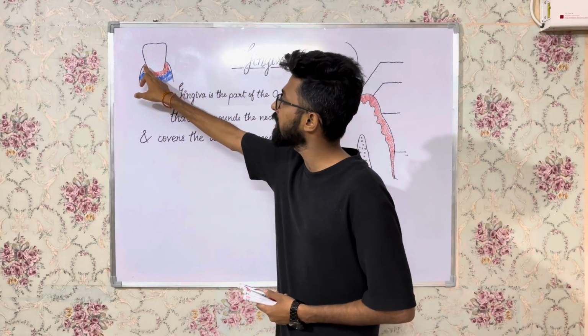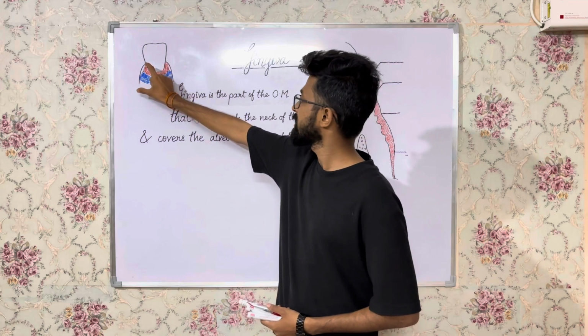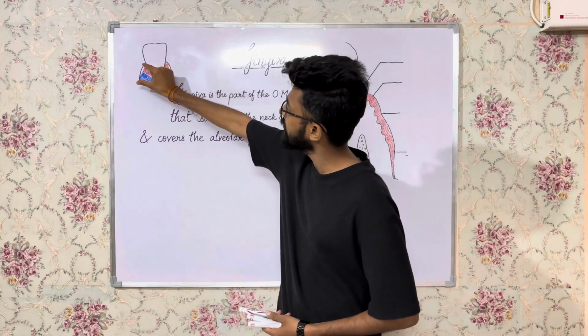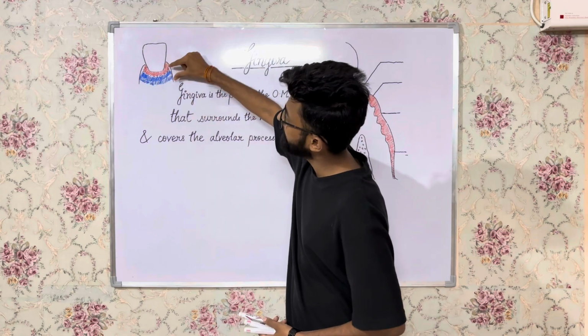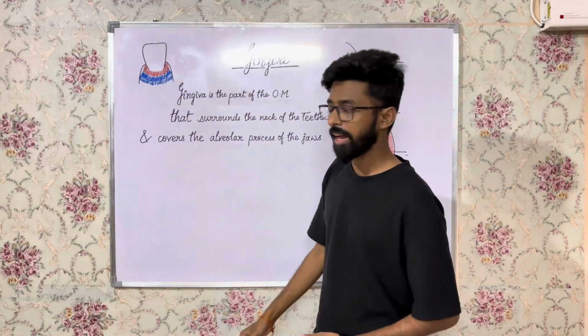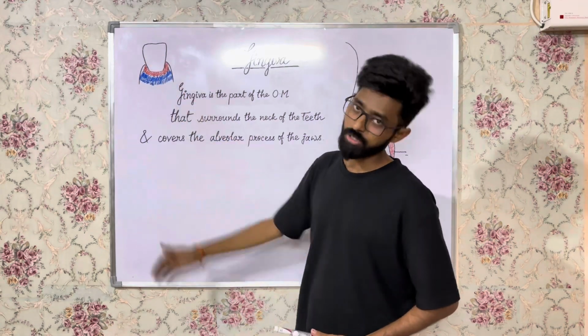This is the neck of the tooth, the cervical region. This blue and red marking is the gingiva. It surrounds the neck of the teeth in a ring-like fashion, and beneath this there is the alveolar bone, so it covers the alveolar process of the jaws.